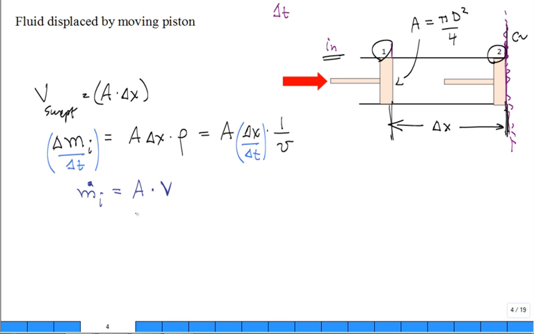So it's the velocity of the face of the piston, which is the velocity of every little chunk of fluid in there being moved to the right as shown. Times 1 over v. So what is AV? Volumetric flow rate. Volumetric flow rate divided by the specific volume gives you the mass flow rate.